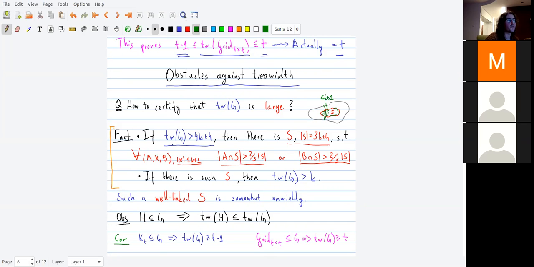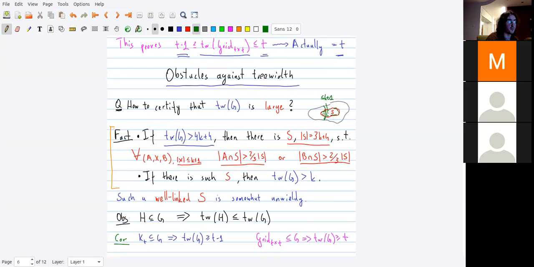I claim that if my treewidth is large, then there must be such a set S. Why? Let's run our approximation algorithm on this graph, and the only way the approximation algorithm can conclude that it fails is by exposing such a set. So if there is no such set, then the treewidth must be small, no?